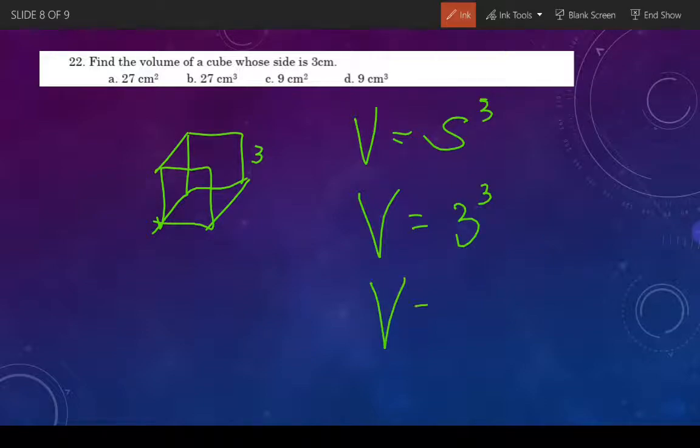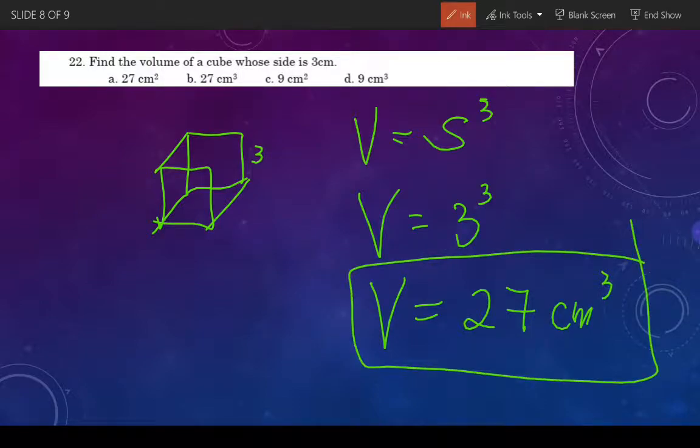So we will have volume is equal to 27 cubic centimeter. So pag hindi nyo alam na volume yung hinahanap, or hindi nyo alam yung unit ng volume, pwede kayong malito. Pwedeng maisagot nyo ito. Pero actually, ang tamang sagot will be letter B.